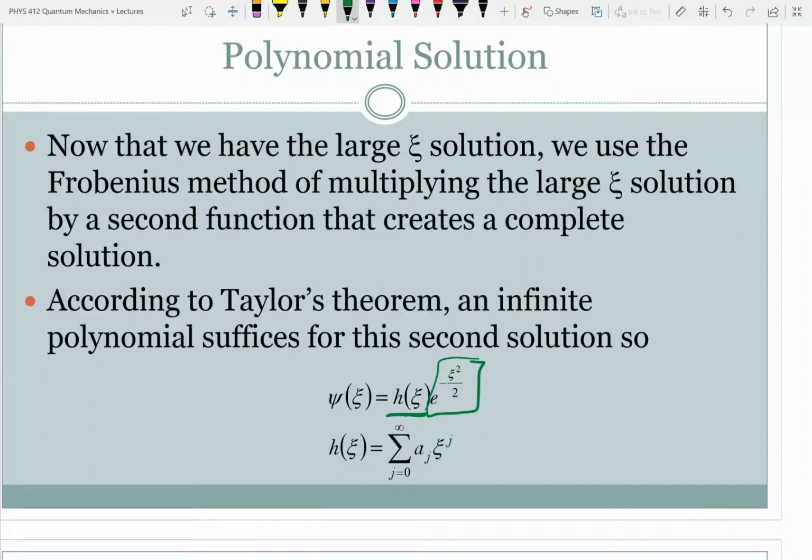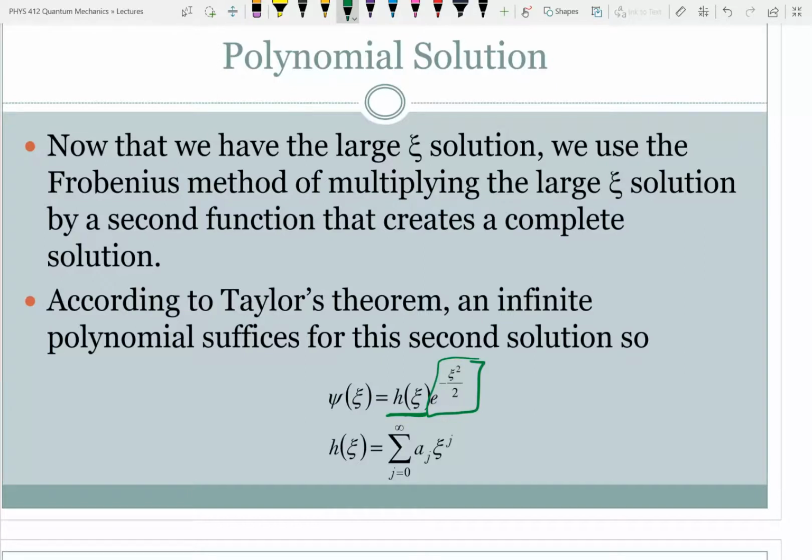And according to Taylor's theorem, any, quote, well-behaved function, which our wave function must be, can be made from an infinite sequence of polynomials, from an infinite polynomial.